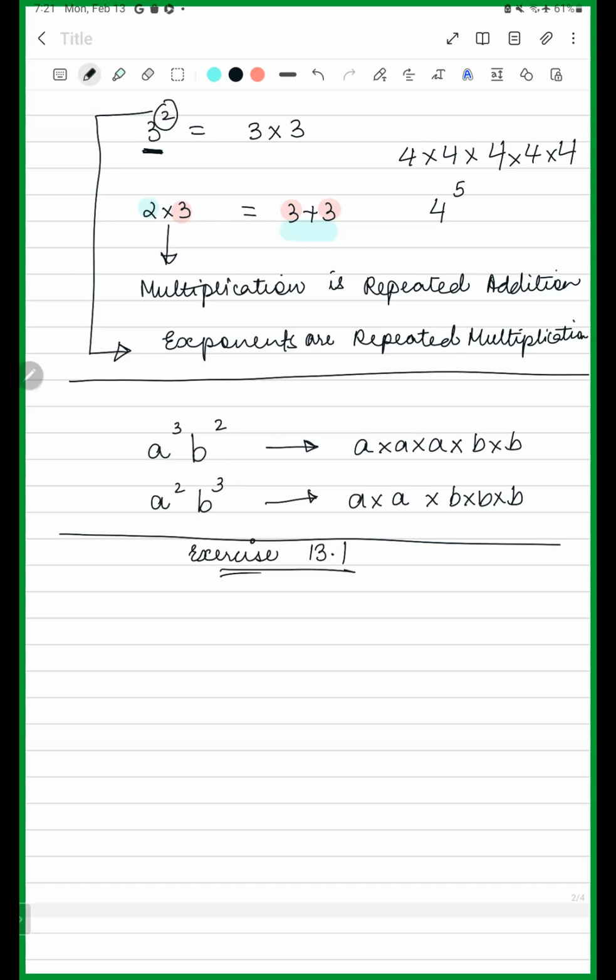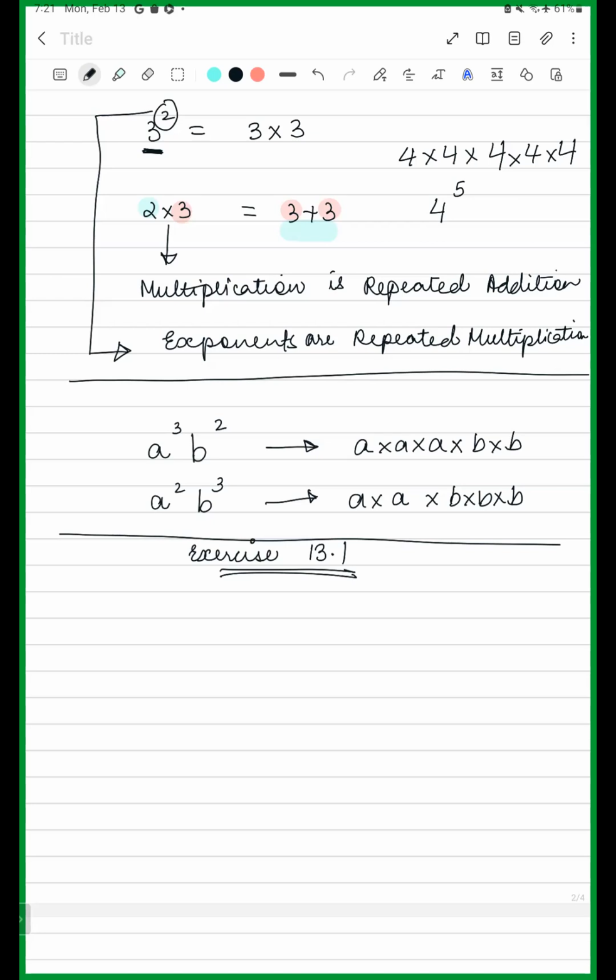In exercise 13.1, 5th, 8th, and 10th question is omitted. How come in my book there is no 10th question, 9th and 10th question? In my book there is only till 8th. Oh, sorry. Wait, I will check it again. It's not 10. Can you wait for 1 minute?